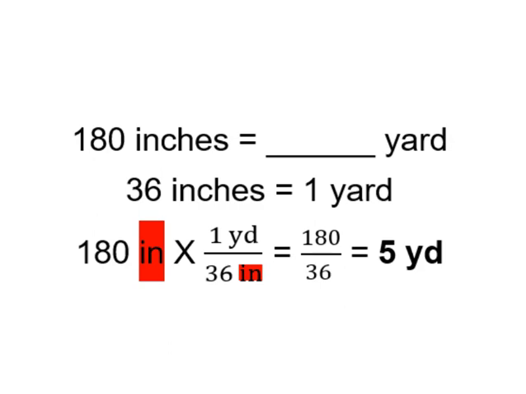Again, we put the inches in the denominator so that we can eliminate the unit of measurement we are converting from. Once we cancel out our units, we have 180 over 36, which means we need to divide. 180 divided by 36 is equal to 5 yards. So 180 inches is equal to 5 yards.